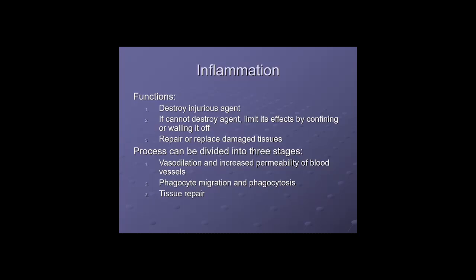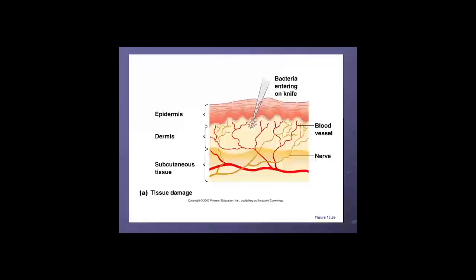The way we're going to accomplish this is basically through a 3-step process. Increase blood flow and get the blood vessels to be more permeable so those immune cells can get out easy. Bring the immune cells out, get them into the tissue, kill off the microbes, and then fix the damage that has been done. So, all right, we're going to walk through those three processes.